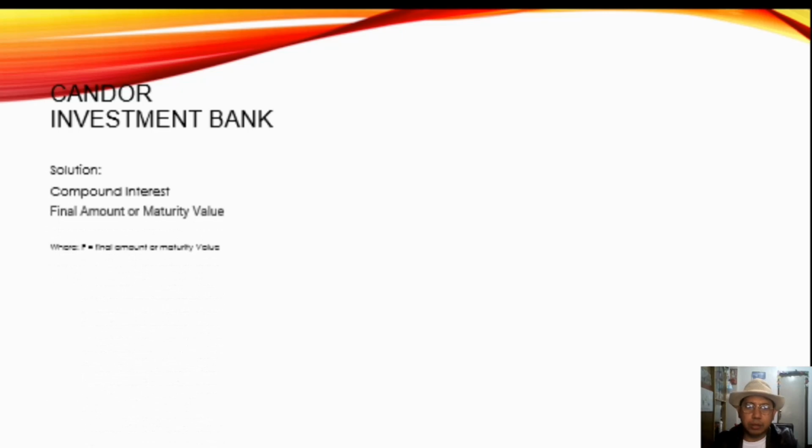In the Candor Investment Bank, the computation is compound interest. So how do we compute for the compound interest? We have here the final amount. The final amount would be 10,000 multiplied by the quantity 1 plus the given rate, which is 0.02, raised to the fifth power.